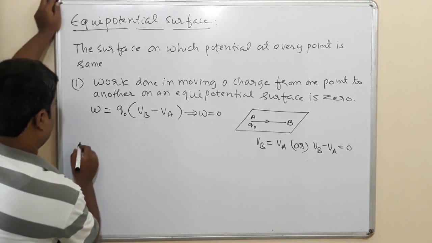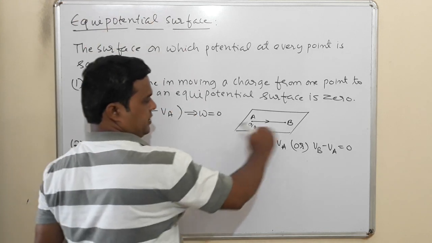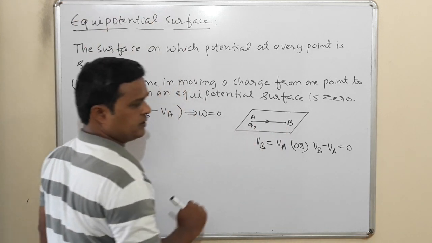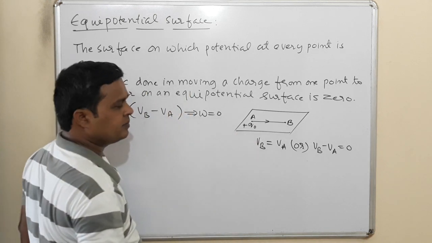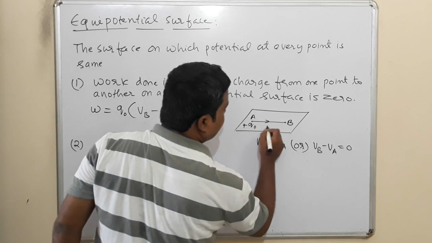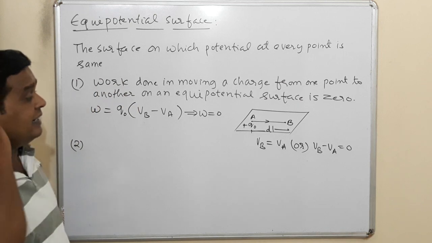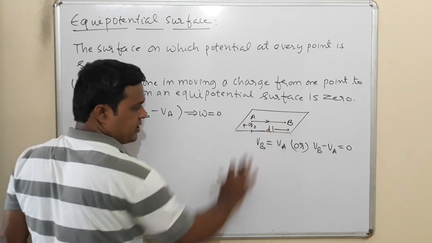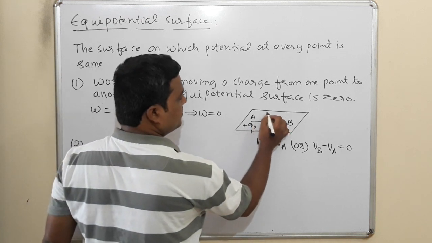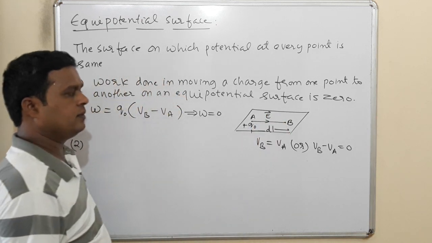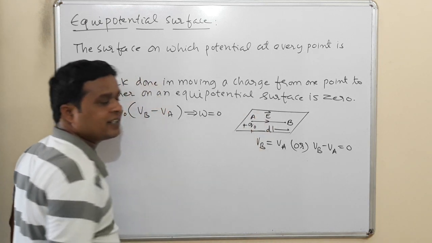Now the second property. Remember, on the equipotential surface, suppose I have a positive test charge and I move it through a distance dl. I know that there is no potential difference. If an electric field exists here, then how much force do I have to apply to move the charge?